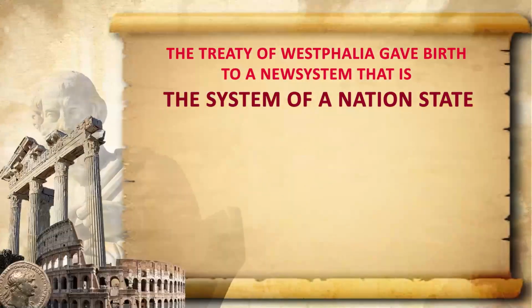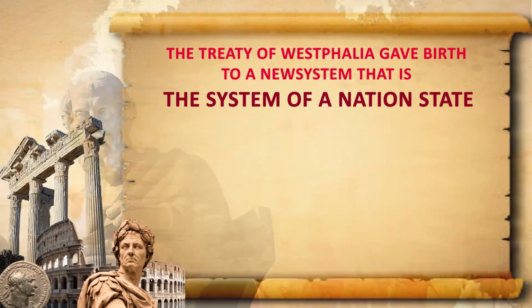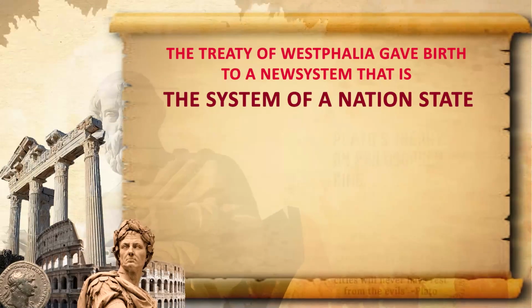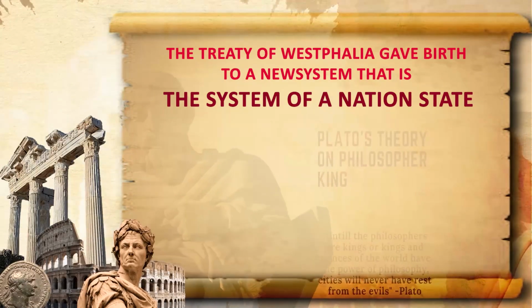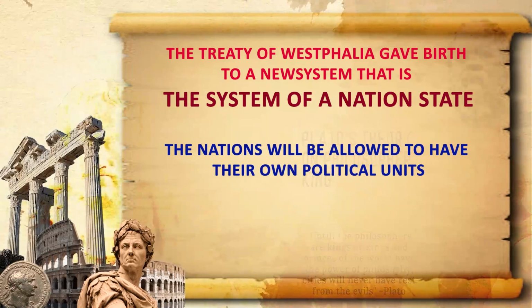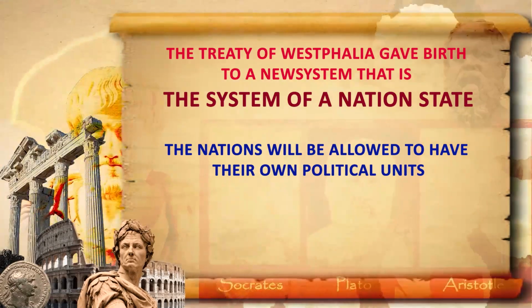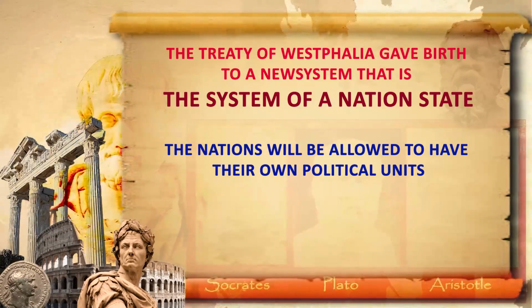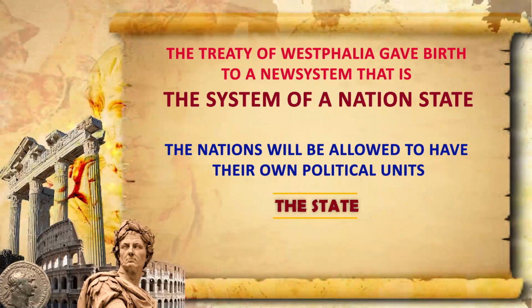So the Treaty of Westphalia gave birth to the system of nation state, in which all nations will be allowed to have their own political units, that is, the states. So the idea of the nation state, which is a popular idea even in this 21st century, first emerged after the Treaty of Westphalia.